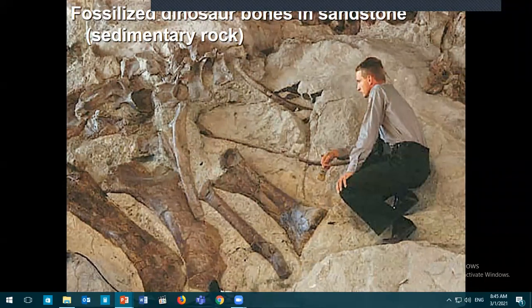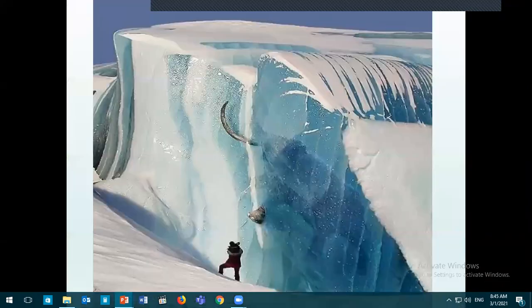Or metamorphic rock is hard to find fossils in too, because it goes under heat and pressure, so they can also change the types of the fossils. So the best rocks to find fossils in is the sedimentary rock. Yes, well done.